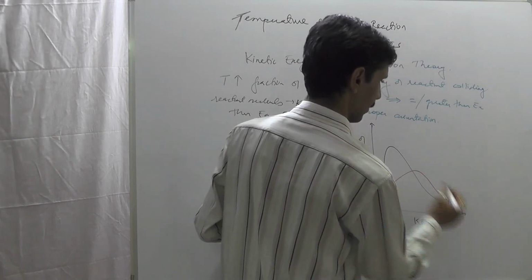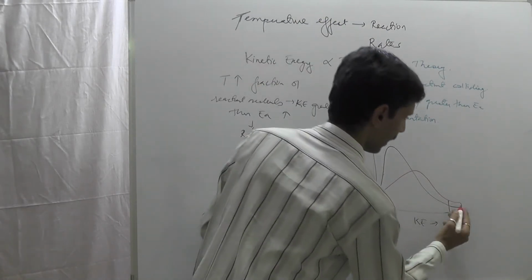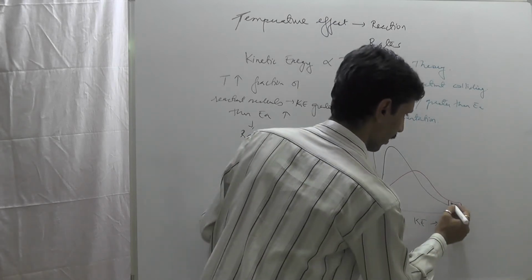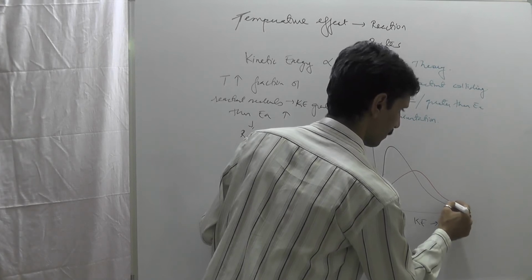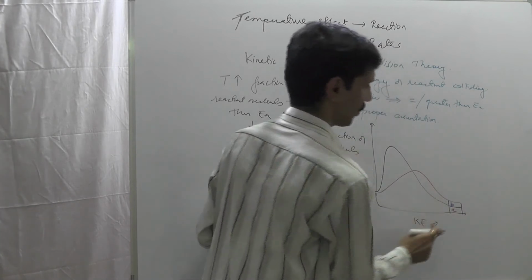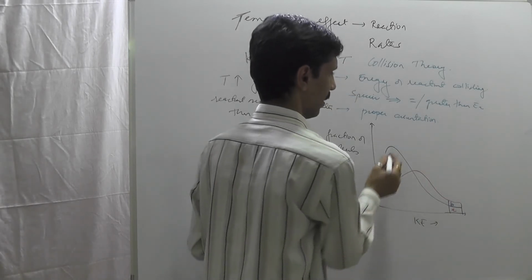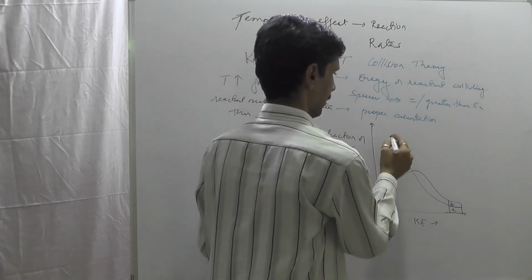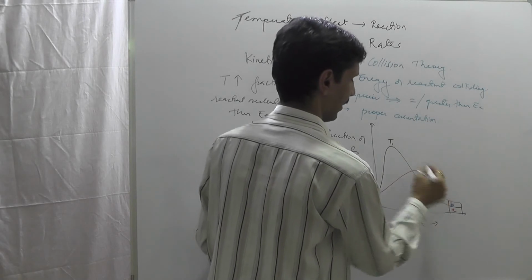Now this much area, just have a look at it. This area I call A and this area I call B. Okay, A and B. The first one is going to be nothing but temperature T1, and this red one is T2.